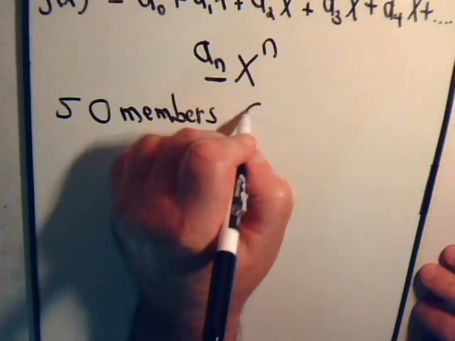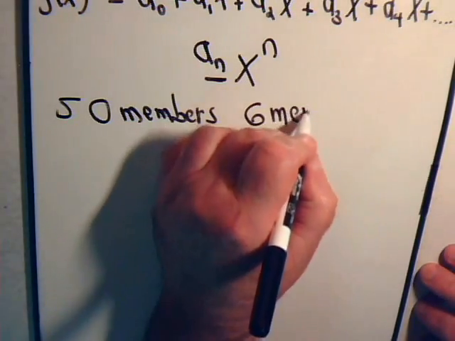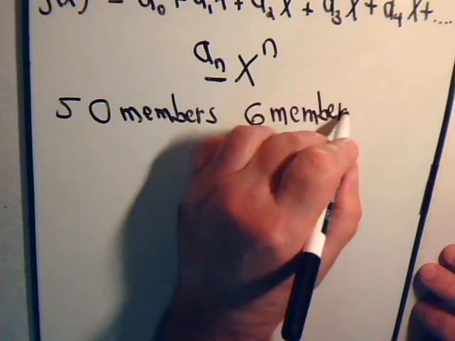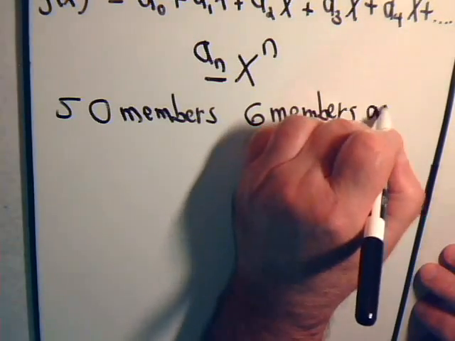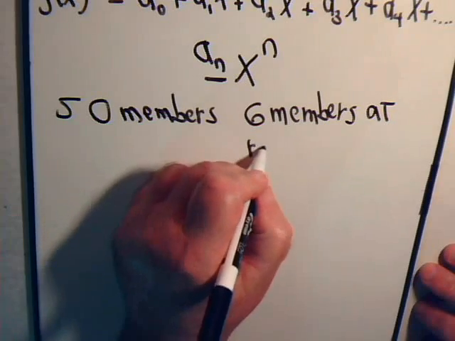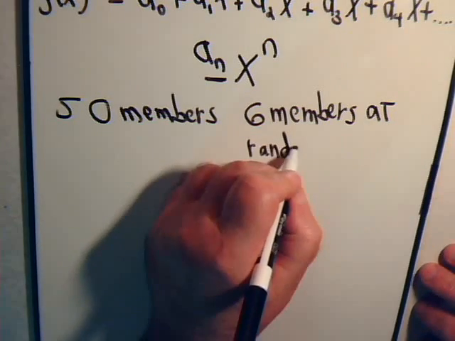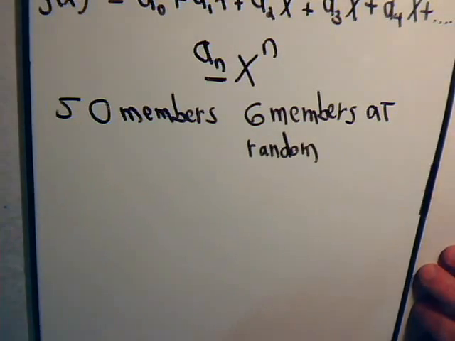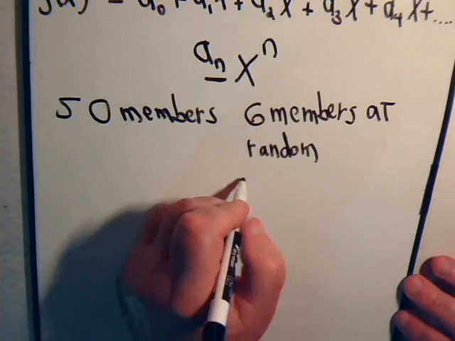And 6 members, so we're going to choose 6 members at random, to form a public relations group.